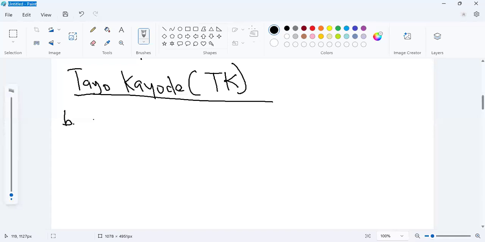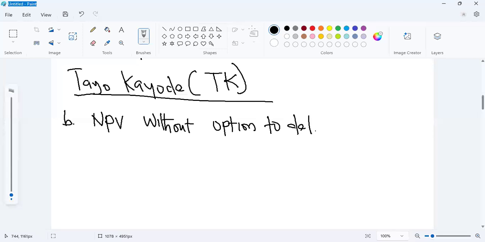First is NPV without option to delay. If you look at the question, examiner has done that for us.